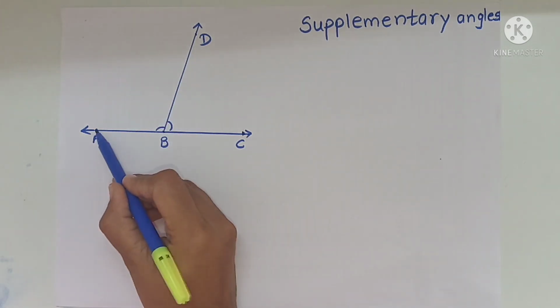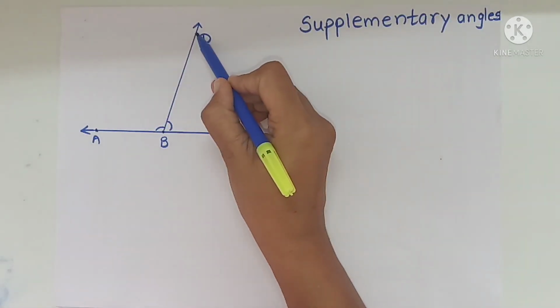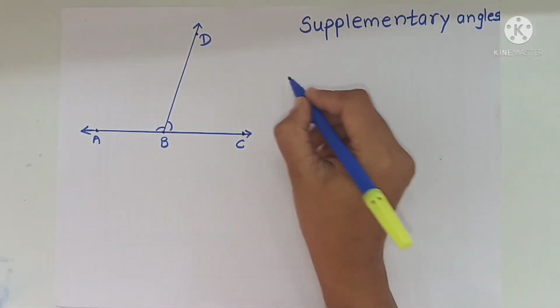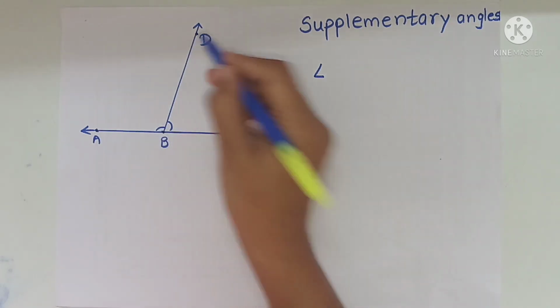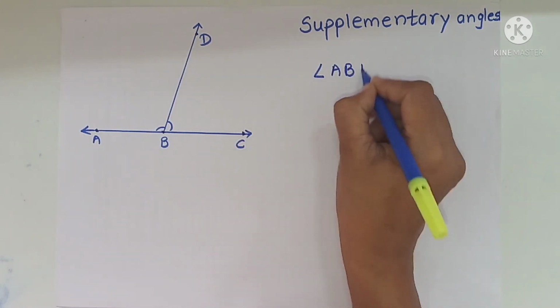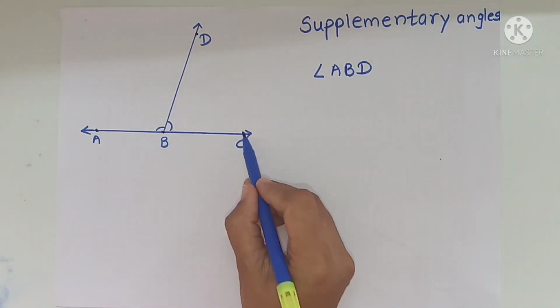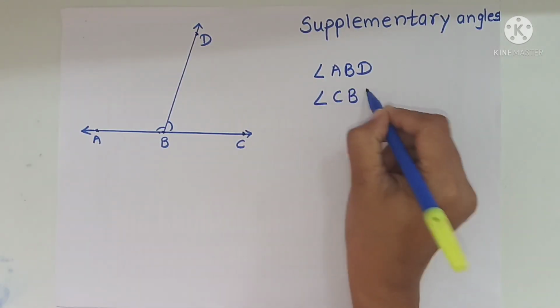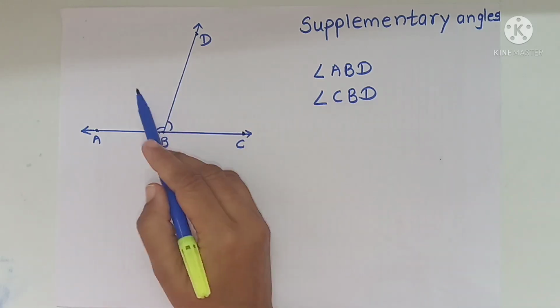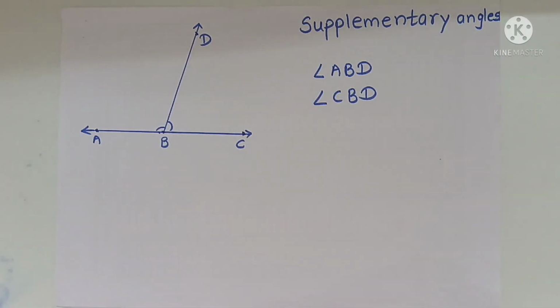Angle ABD, this one first, and angle CBD. These two angles are formed on this line AC. Now we are going to measure these two angles.